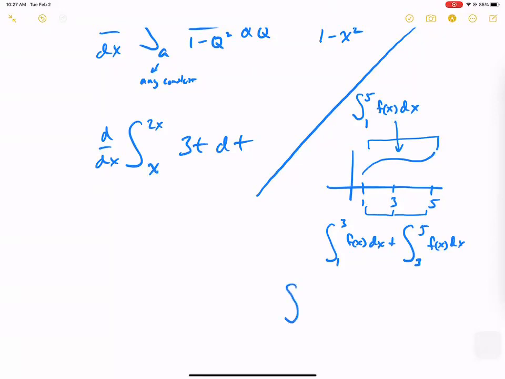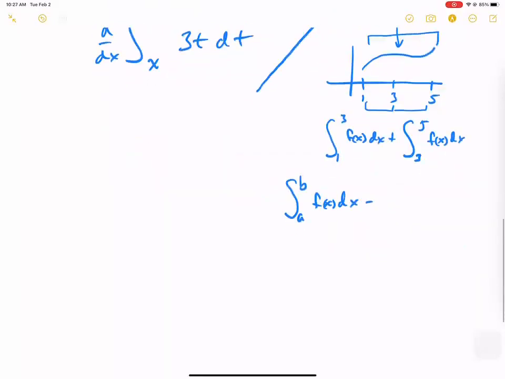The integral from a to b of f of x dx can equal the integral from a to c of f of x dx plus the integral from c to b of f of x dx, as long as c is between a and b.